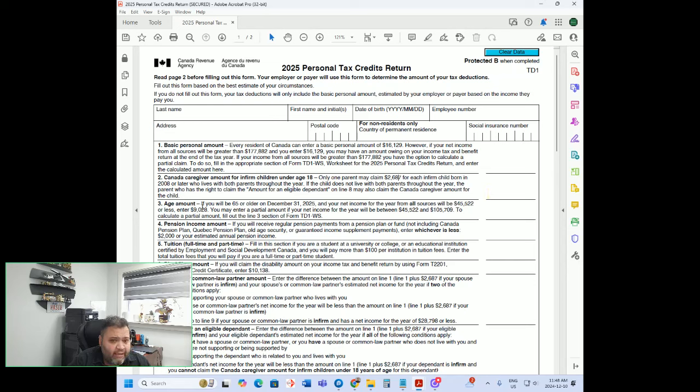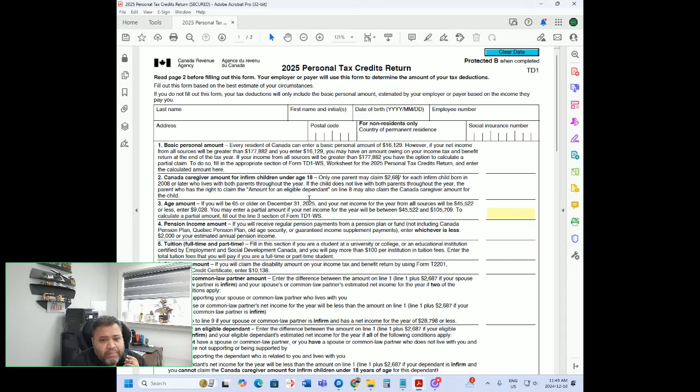If you are over the age of 65 and you are going to have an income less than 45,522, then you are able to get an additional credit in your income tax for the age amount. So for the age amount, you can claim 9,028 in this box.